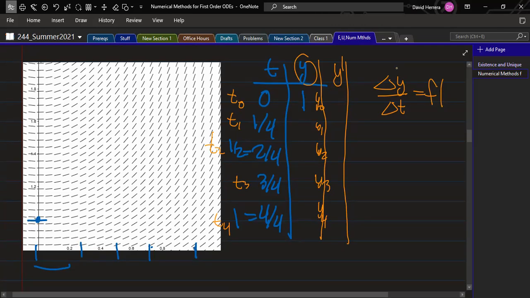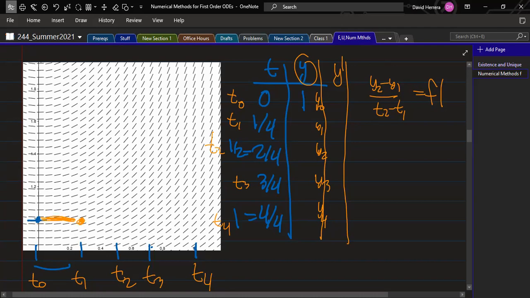To be a little more precise, what we mean by delta y over delta t is y2 minus y1 over t2 minus t1. That's just the slope between, see, this is going to be t, let's label them t0, t1, t2, t3, t4, and we go from here to here.